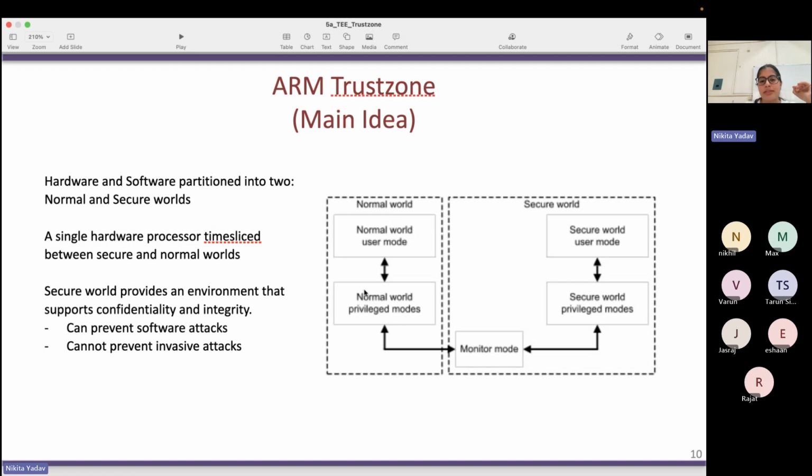Your OS cannot be run with the monitor because the monitor has to be more privileged than your OSs here. And why is it more privileged? Because it has some more privileged operations that only the monitor can do. There are some operations that even these OSs cannot do. Earlier your operating system had the capability to do anything. It could access any memory, it could access any registers, but that is no longer true.